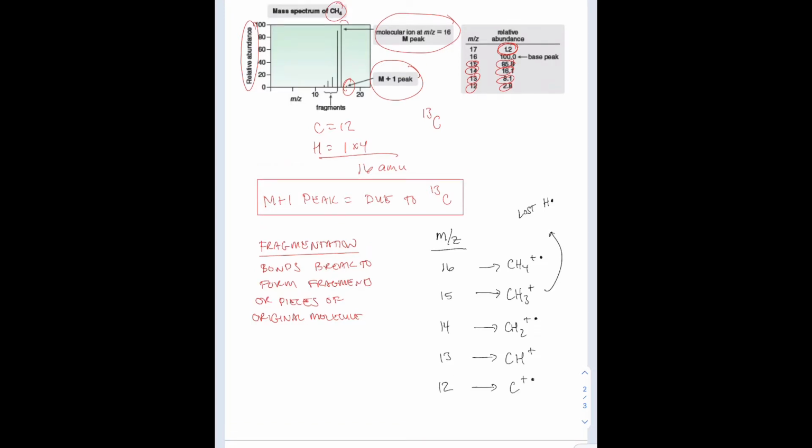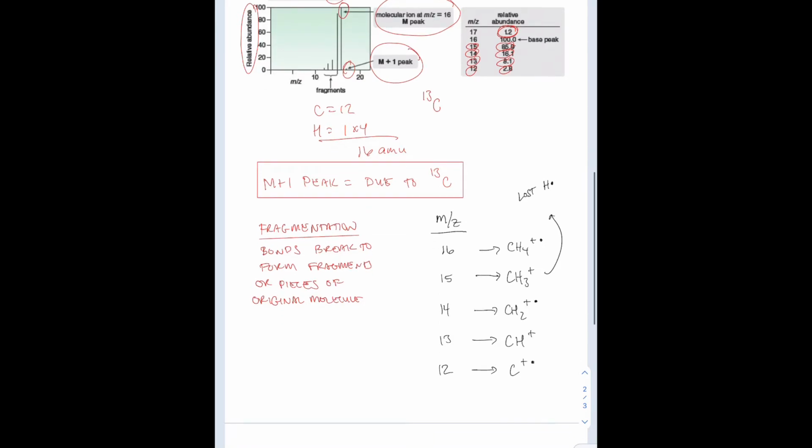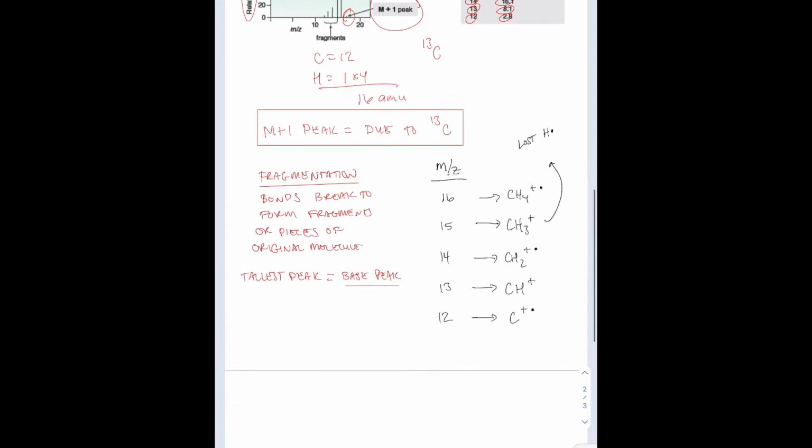So as you can see above on the top, the tallest peak in this particular mass spectrum represents that of methane, and so this is the parent ion. However, the tallest peak in general in the mass spectrum represents something called the base peak, and this is actually just the most stable radical cation, which is helpful to deduce the structure of the organic molecule.